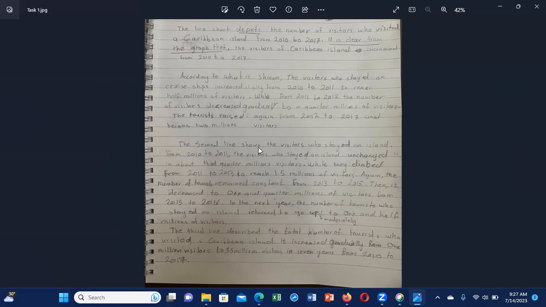If it is plural, then give the plural. You have mentioned a Caribbean island from, which should be singular. From 2010 to 2017, it is clear. You can say it is clearly seen there. This is how you can also write. Just observe.